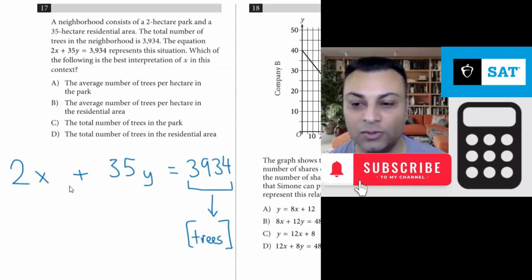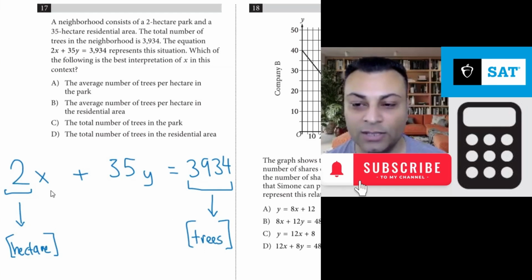Okay, so all these had better have the same units. So let's look at what the 2 stands for. 2-hectare park. So this has a unit of hectare, or hectares. Plural is not important. Hectare, hectare, tree, trees, it doesn't matter. I could just use tree.